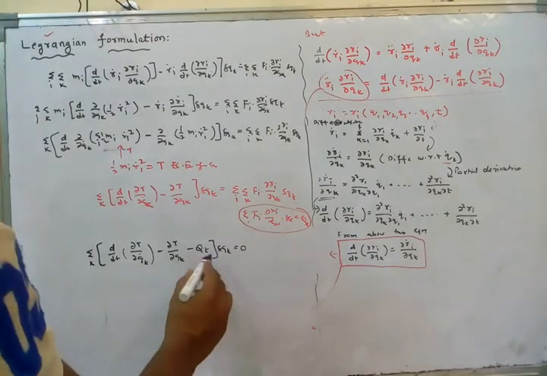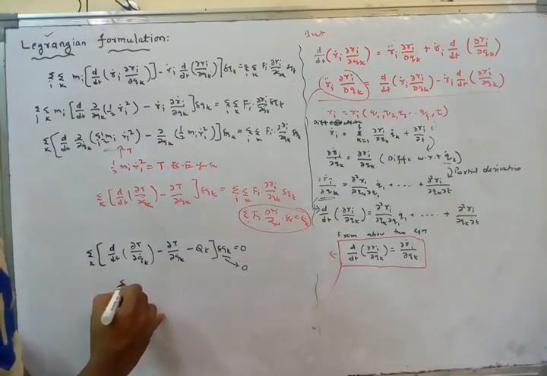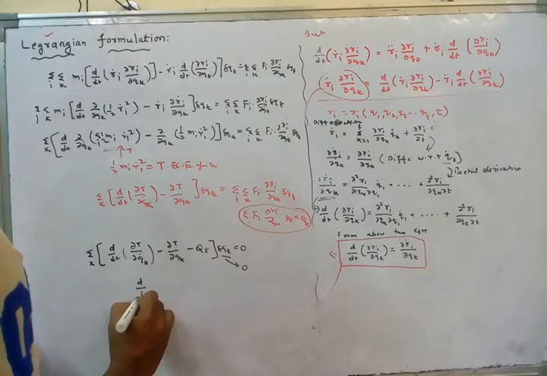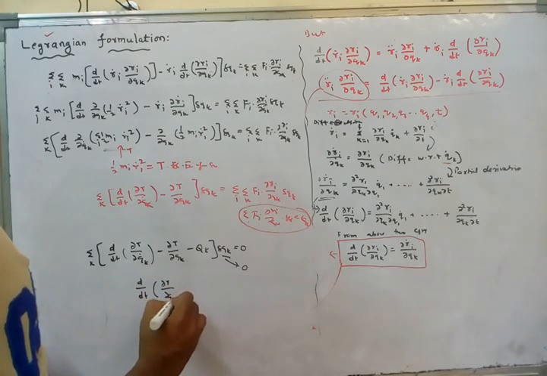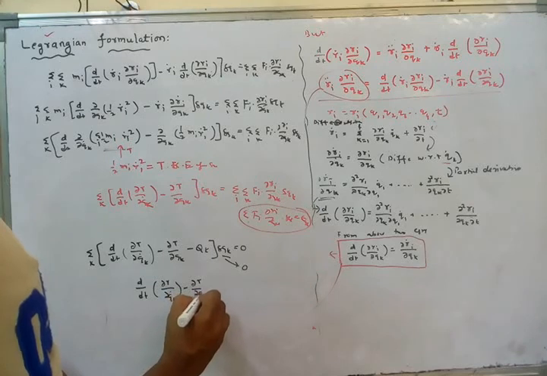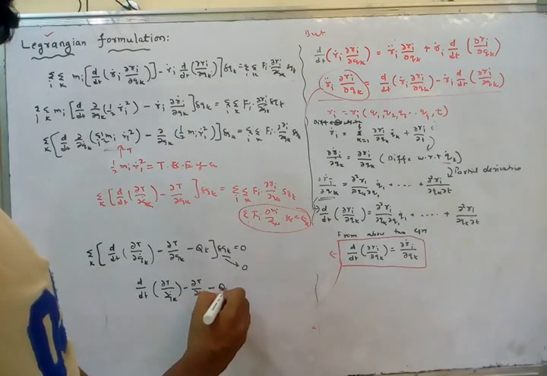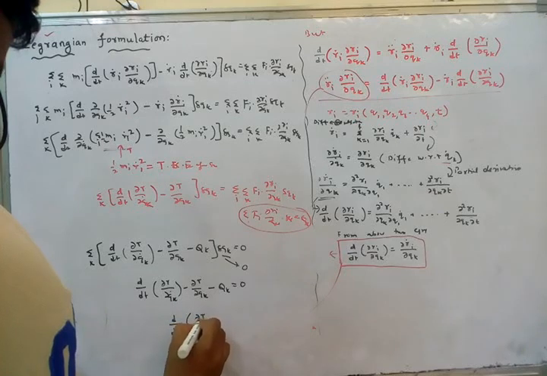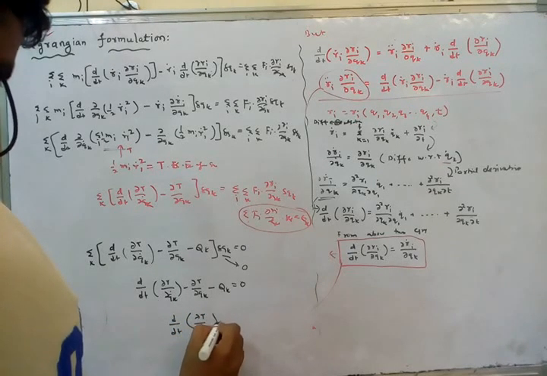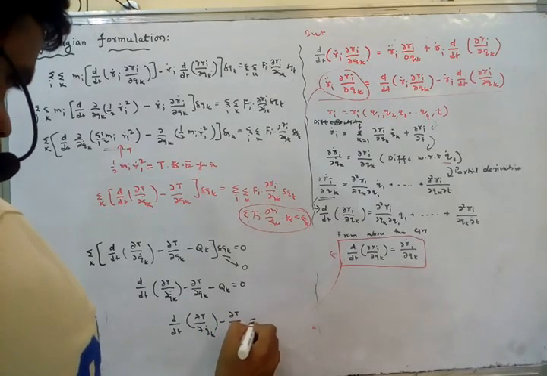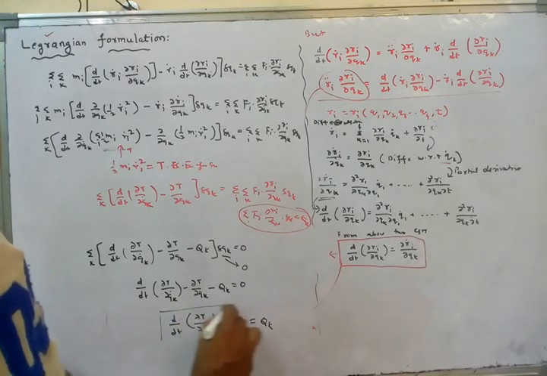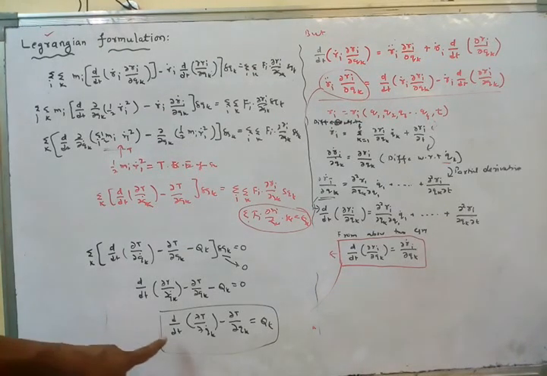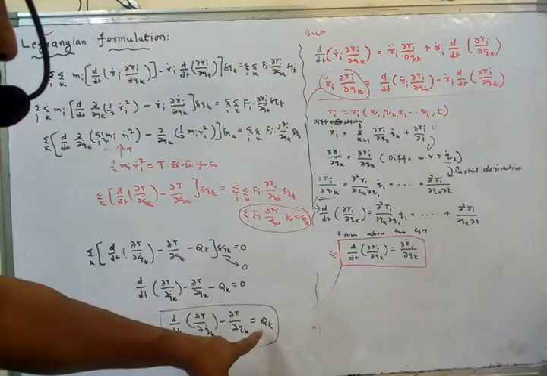If the coefficient of delta qk goes to 0, then the sigma won't appear, and d by dt of dou T by dou qk dot minus dou T by dou qk minus Qk equals 0. So d by dt of dou T by dou qk dot minus dou T by dou qk equals Qk.